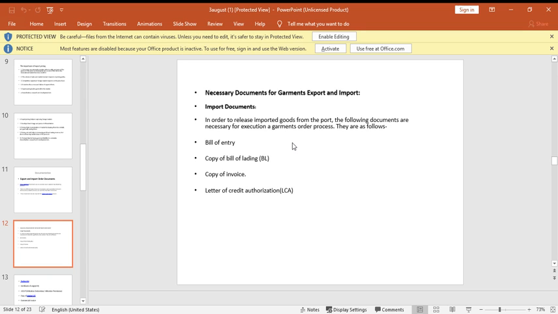They are as follows. First one is bill of entry, copy of bill of lading, copy of invoice, and letter of credit authorization, that is LCA.